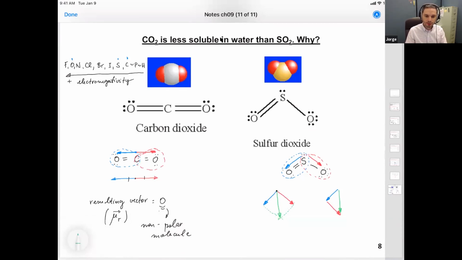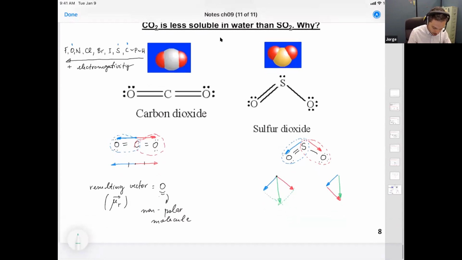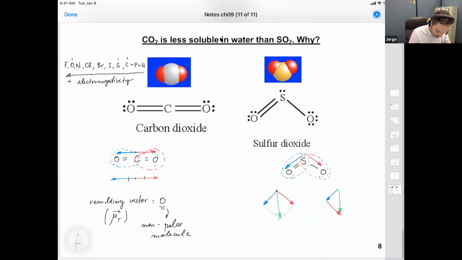So those are two ways to do the same thing. What matters here is that now we have a resulting vector, mu r, that is different from zero, okay? So two things pulling down with an angle will result in a down pull. So therefore, when the resulting vector is not zero, that means we have a polar molecule.